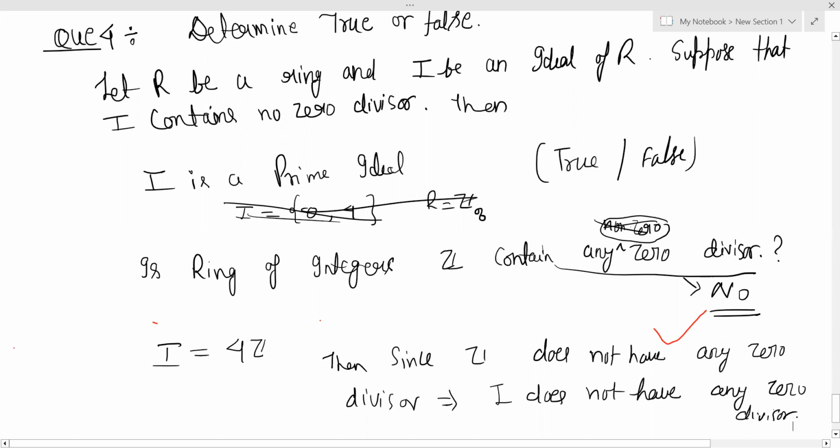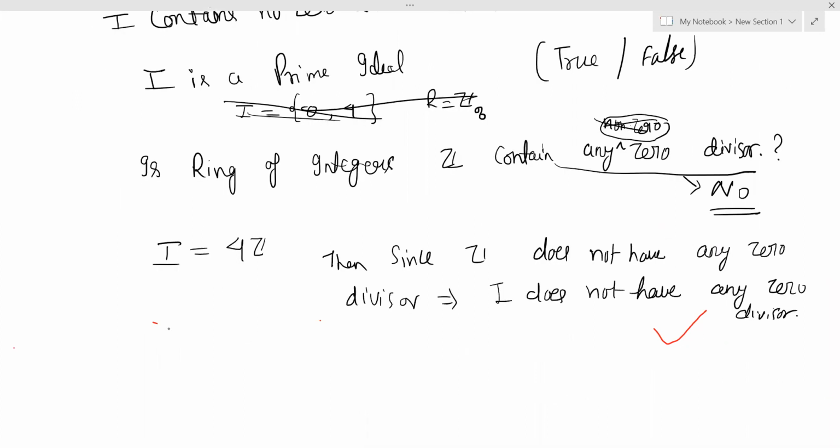Now what? We have to claim. 2 times 2 is 4, equal to 0, so 2 is a zero divisor. How will you say I does not have any zero divisor? In Z mod 4Z, 2 times 2 is 0.